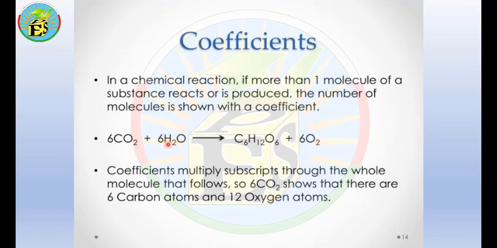And equating: how we can balance the reactants and products by counting the number of atoms that enter the reaction and the number of atoms that leave it. I have 12 hydrogen here, 2 multiplied by 6 equals 12, so I have 12 hydrogen atoms into the reaction and 12 out of the reaction. For C, I have 6 atoms and also 6 atoms.